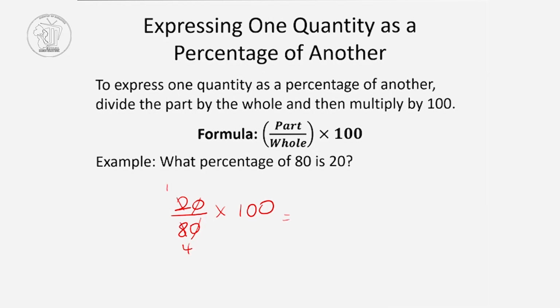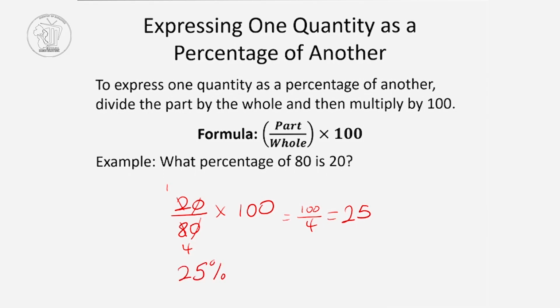So this will be 100 divided by 4, which will simply be 25. So we can say 25% of 80 is 20. So the answer is 25%.